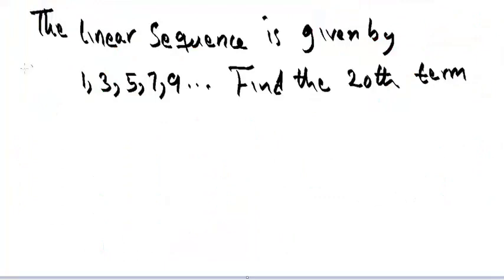So we have this question to solve: the linear sequence is given by 1, 3, 5, 7, 9. Then we have, find the 20th term. So the first term is 1, the second term is 3, the third term is 5, then we have 7, 9, and the sequence continues.